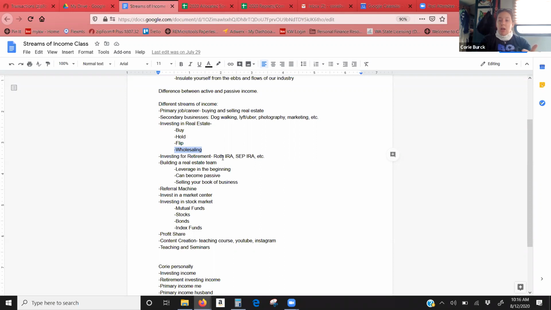When they write that contract, they say the buyer's name and/or assigns. Then they get that deal under contract and take it to their network of investors and people looking for deals, and they find someone to assign the contract to. They sell the contract for a price and get the difference, and that's how they make their money.